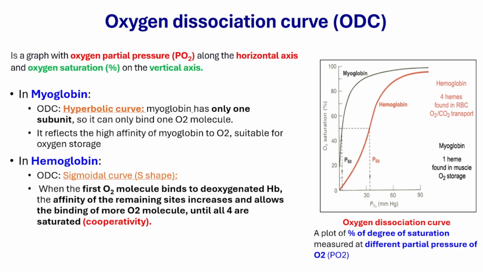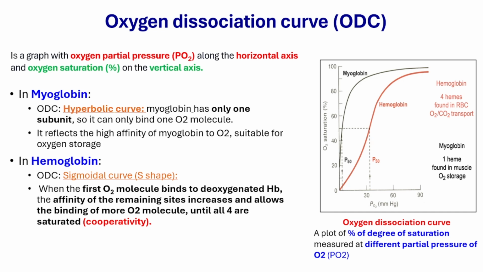This first molecule will help the other molecules of oxygen to bind to the remaining 3 sites. By binding the first site, the affinity for oxygen will increase. So this is what we call the process of cooperativity.